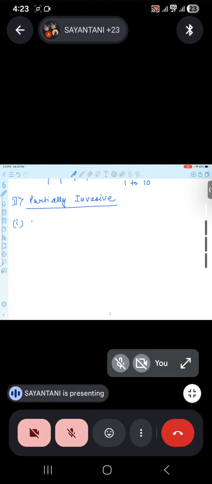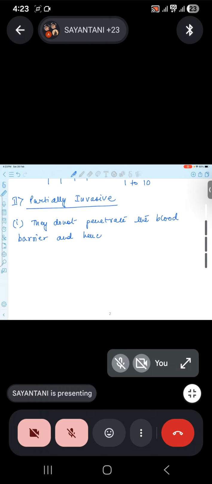So they do not penetrate the blood barrier, and hence it's safer than before. But the surgery part is still utilized over here because it is not completely non-invasive, right? It's partially invasive. Any amount of bleeding from the brain tissues is avoided.